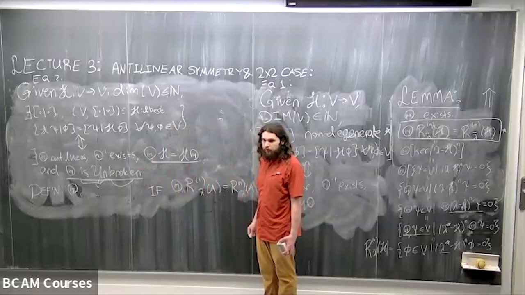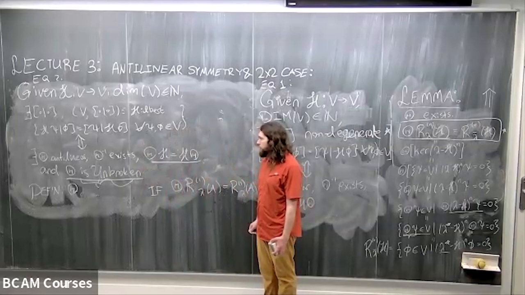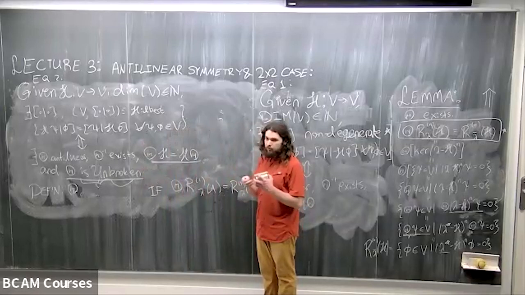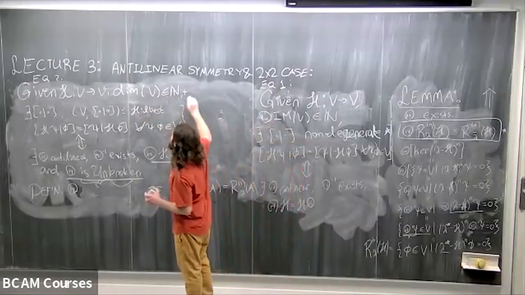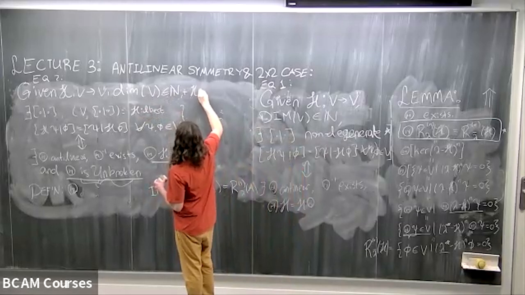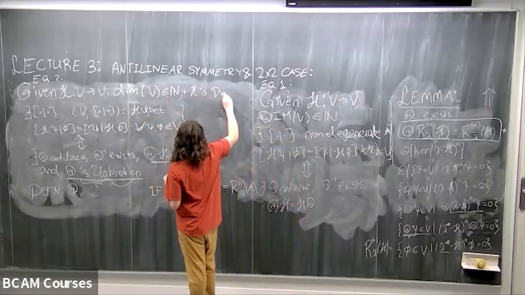Some authors define unbroken antilinear symmetries such that it means that your matrix is also diagonalizable. I don't really like that as much, because then you lose this extra adjective that you can use to describe something. So I should also perhaps add up here in the terms and conditions that H is diagonalizable.